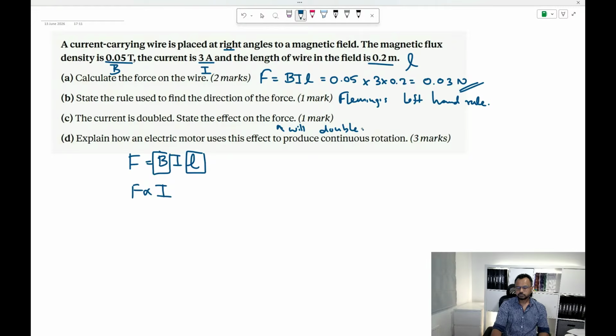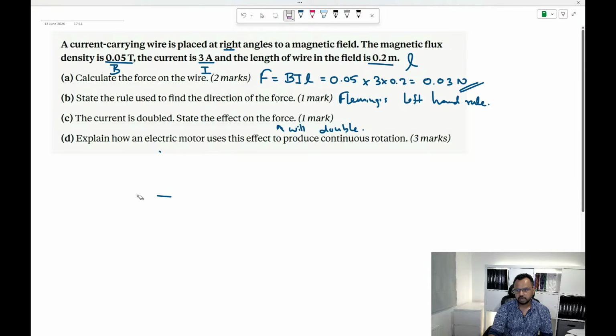All right. Part D. Explain how an electric motor uses this effect to produce continuous rotation. Right, 3 marks. Now, guys, if you think about an electric motor, the very simple arrangement, we have something like this.